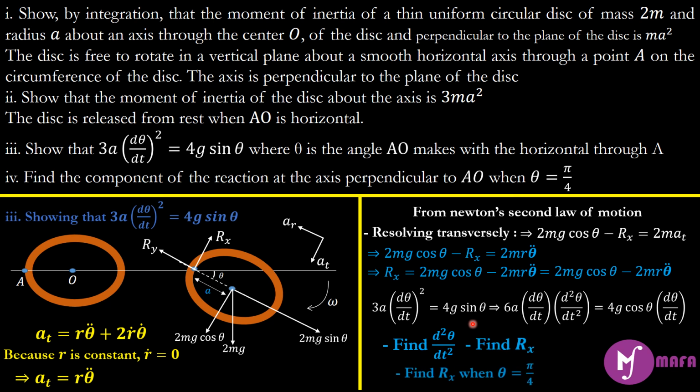Now the d theta by dt on the left and right hand side will cancel off, and then we can find theta double dot. So you now look for d squared theta by dt squared from here. You find RX by replacing it here, and then you replace theta with pi on 4 to find RX when theta is pi on 4. So thank you guys for watching, and I wish you all the best in this year's examination.